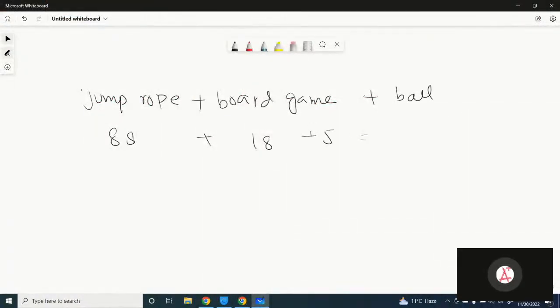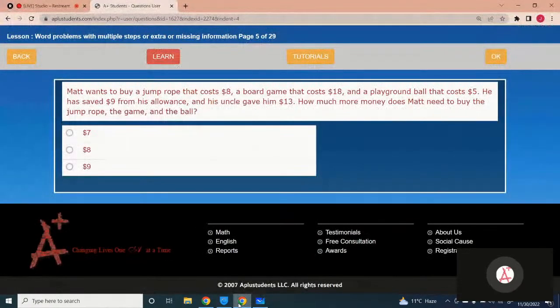So it would be 13 and 8, 9, 10, 11. It would be $31. That means the total amount he needs for these things is $31.